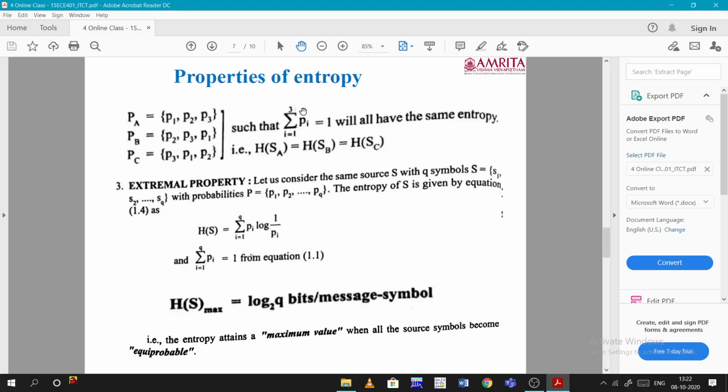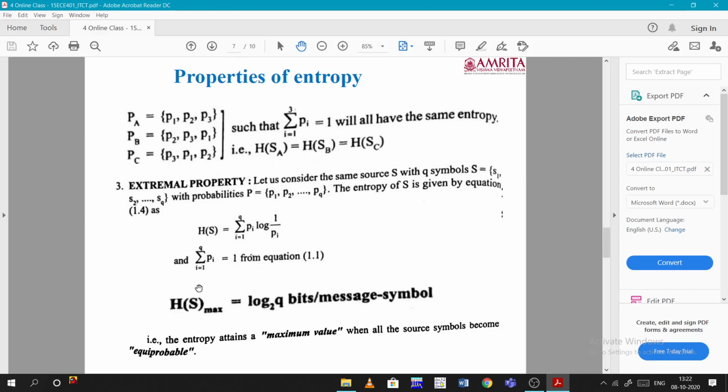So, properties of entropy, coming to the extremal property. Let us consider the same source with q symbols s. So we are taking the symbols with their probabilities. The entropy of s is given by this formula, and we know that the sum of all the probabilities of a particular event will be 1.